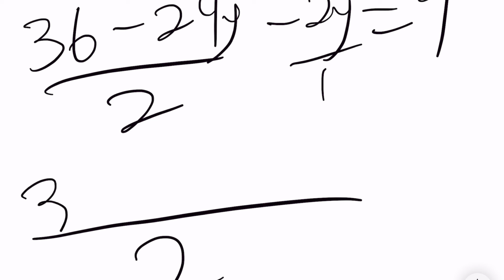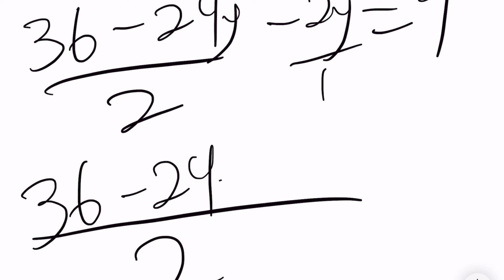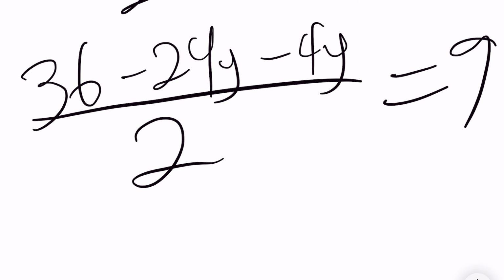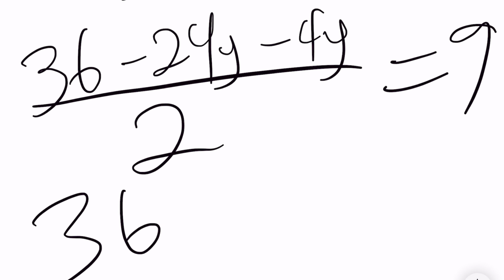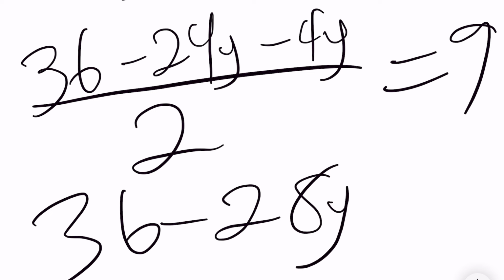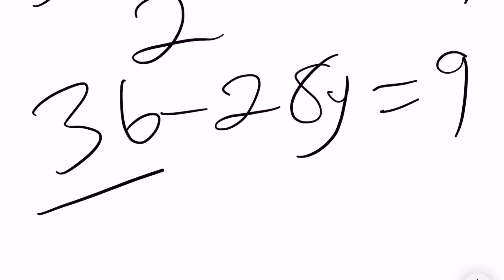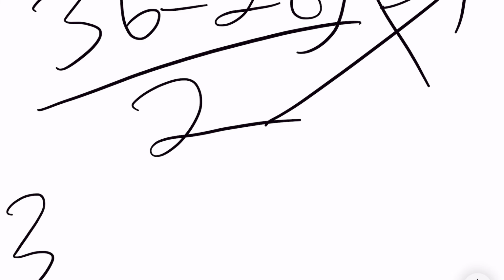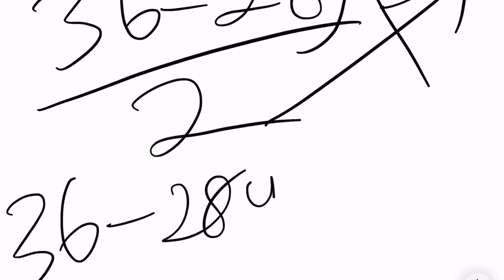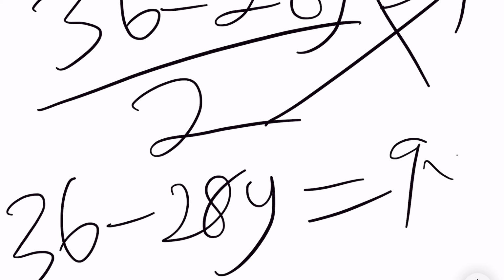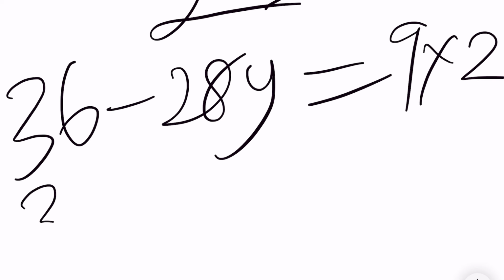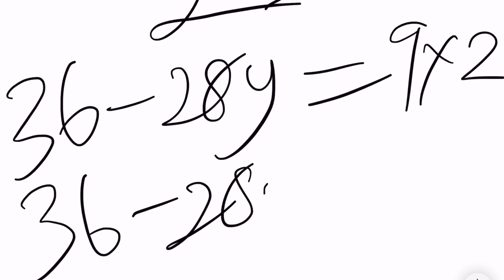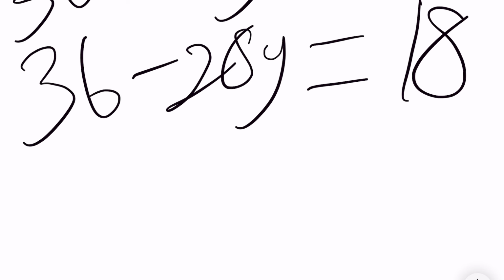We have 2 here. 36 minus 24y minus 4y equals 9. So we have 36 minus 28y equals 9 over 2. So we cross multiply. We have 36 minus 28y equals 9 times 2. So we have 36 minus 28y equals 18.